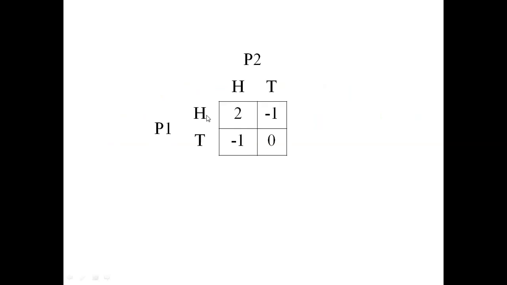And as per the statement, when both the coins show head, that is head by player 1 and head by player 2, then the outcome is rupees 2. That rupees 2 will be won by player 1 and the same amount will be lost by player 2.